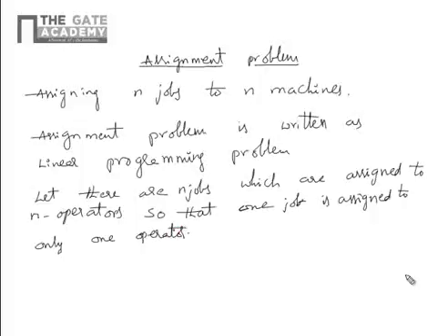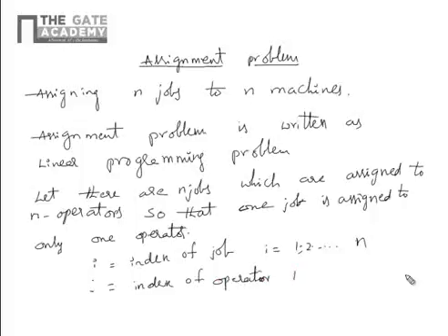So i is the index of the job and j is the index of the operator. Job i equal to 1 to n, and j is the index of the operator. Cij is the unit cost for assigning job i to operator j.